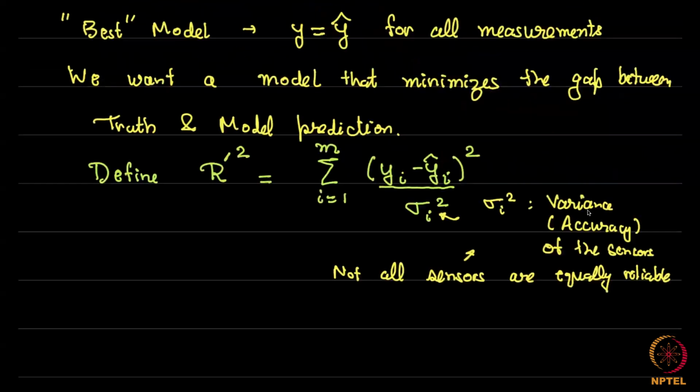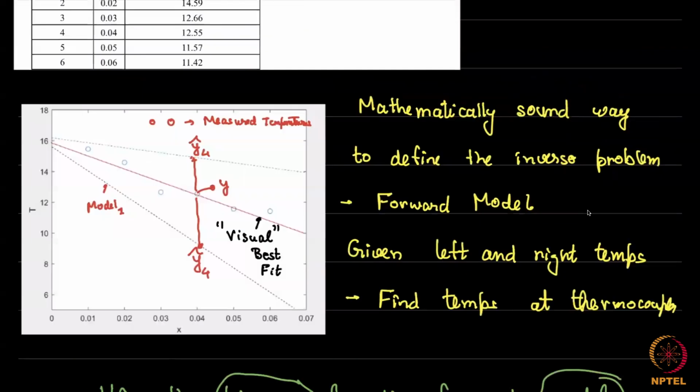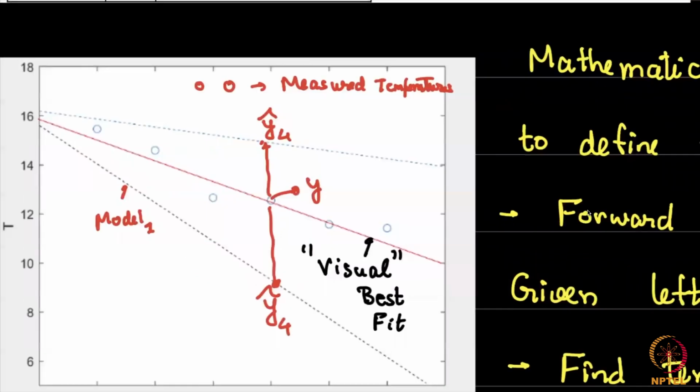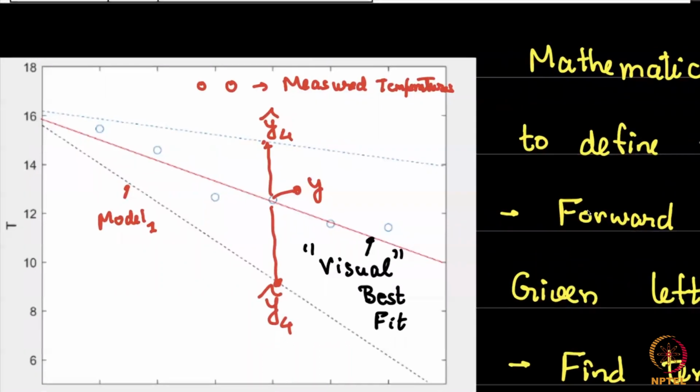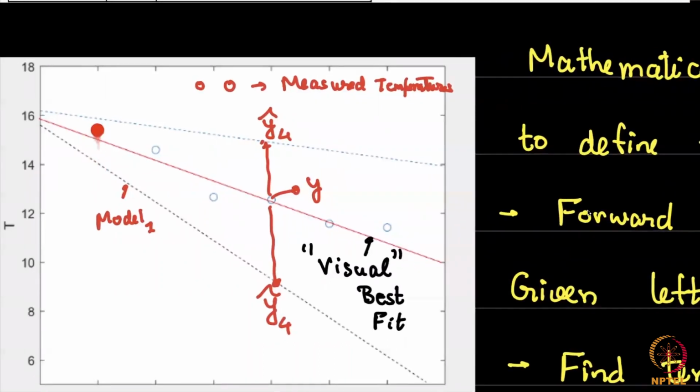Now, why does this matter? This matters because I am saying that a measure of how good or bad our model is depends on the gap. Now, let's just say that one was a really good sensor. A huge gap here should actually be weighted hugely. So you want to give a lot of emphasis to that.